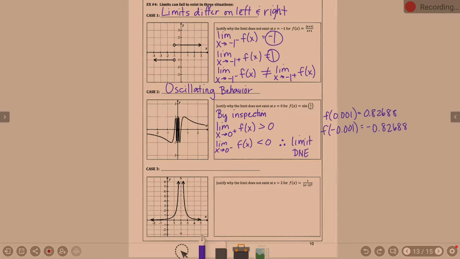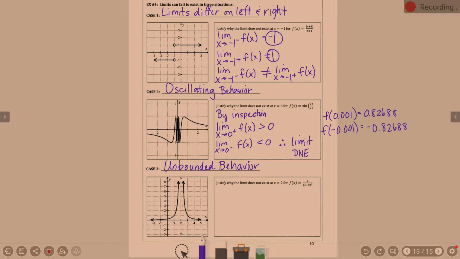Okay, this is the one where I disagreed with the answer key when I was checking my stuff. And, okay, so the case 3 name here is unbounded behavior. Now, there's a technicality here.